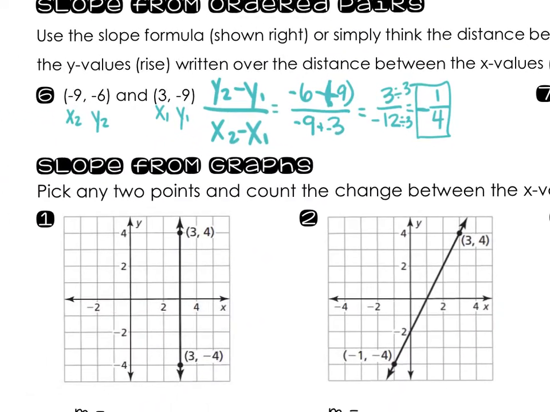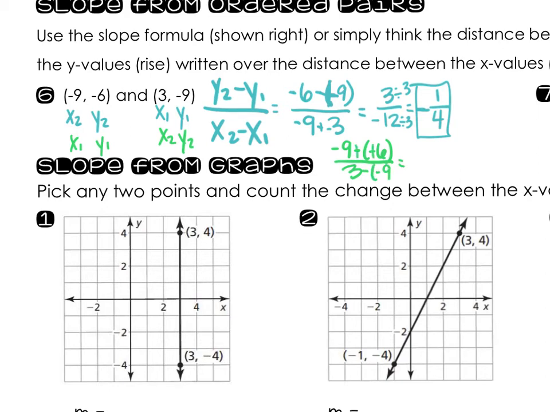And just to show you real quick, if you had flipped these and made this x2, y2, x1, y1, that would still work the same way. Okay, so I could do then -9 minus -6 over 3 minus -9.